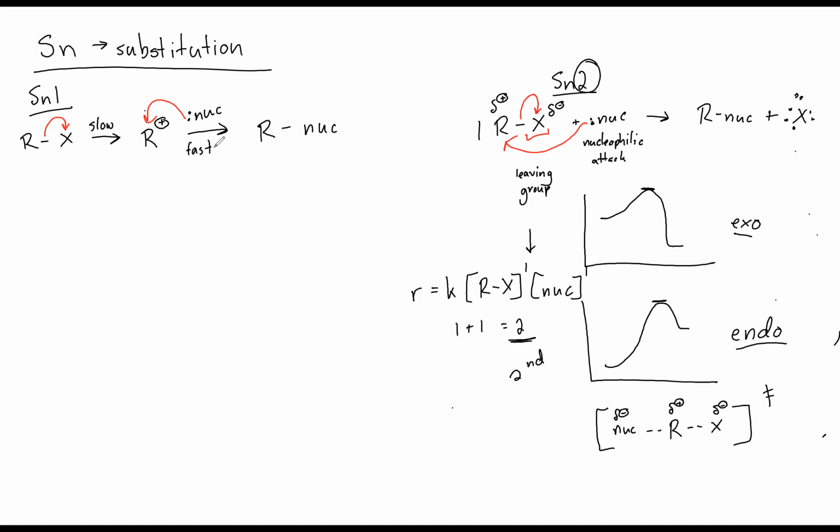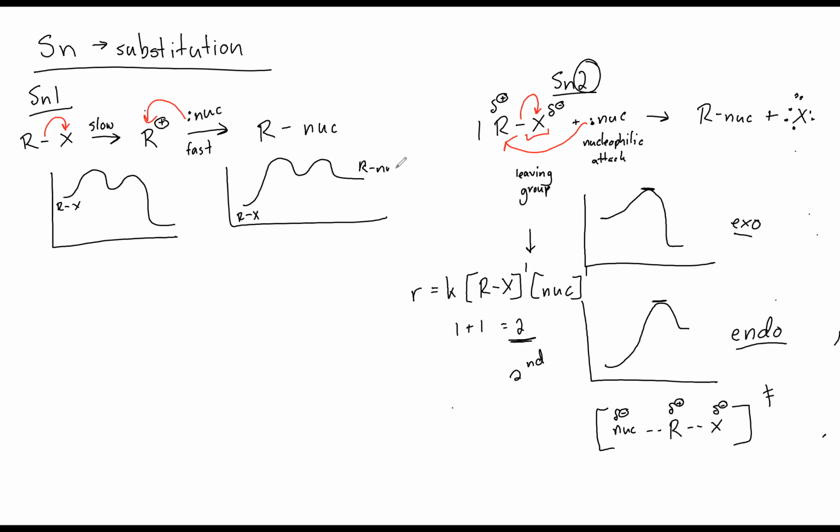Since this is a stepwise reaction with two steps, we can either be endothermic or exothermic. Here's one that's exothermic, here's one that's endothermic. Here is our RX, which is our reactants, here is our Nu, which is our products, and here is our intermediate, our carbocation.